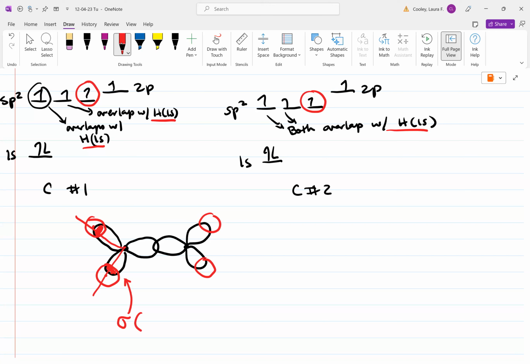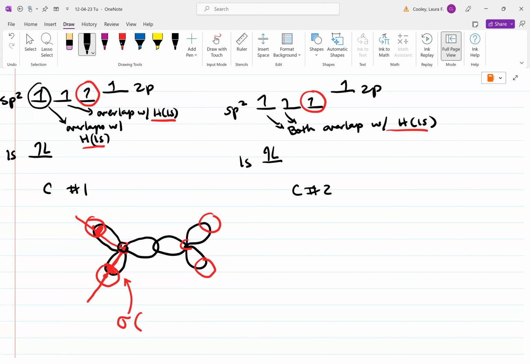Every bond has its own internuclear axis. It has to do with the atoms involved in that bond. So the internuclear axis here, this is the carbon nucleus, another carbon nucleus, but the hydrogen nucleus is over here. So this is the internuclear axis. We count this carbon nucleus on the left.